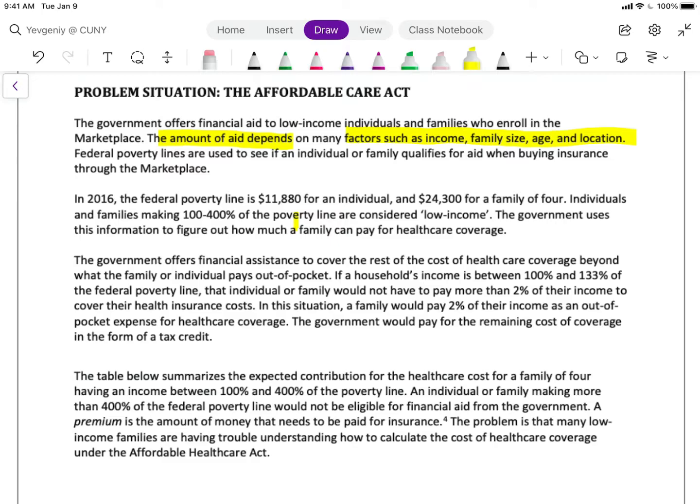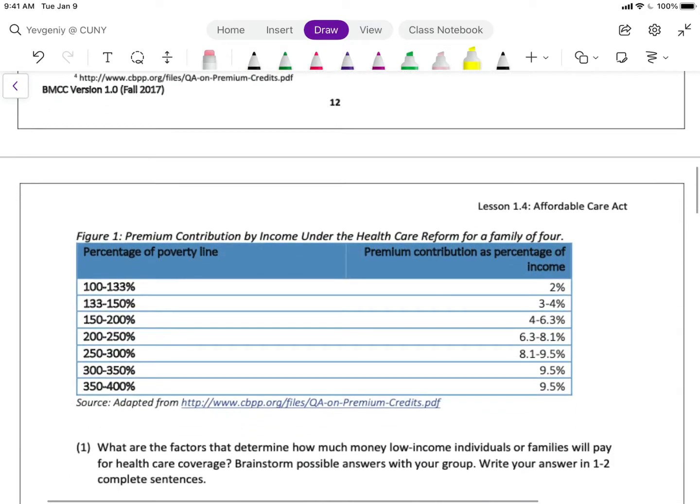You see, it says that the family is expected to pay a certain amount when their income falls in a particular bracket. In other words, if the family falls into a given category, then this amount right here is what they are expected to contribute as a percentage of their income.